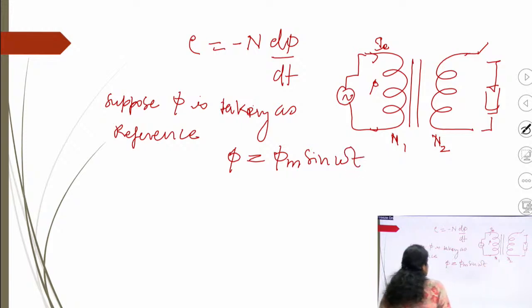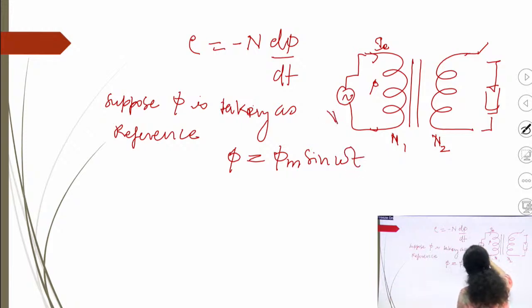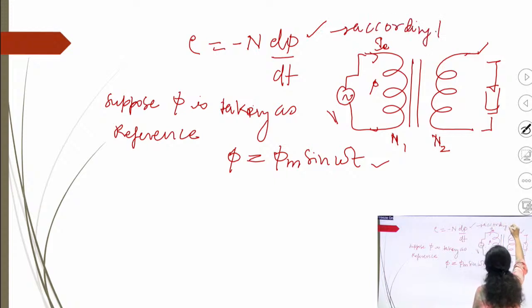Because the voltage is sinusoidal, a pulsating voltage is there, so due to this voltage a pulsating flux will be produced, which we take as phi m sin omega t. Due to this changing flux, the EMF will be induced according to Faraday's law, and it can be written as E is equal to minus N d phi by dt.